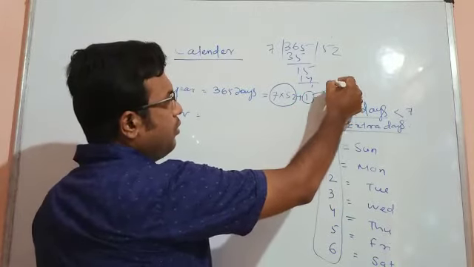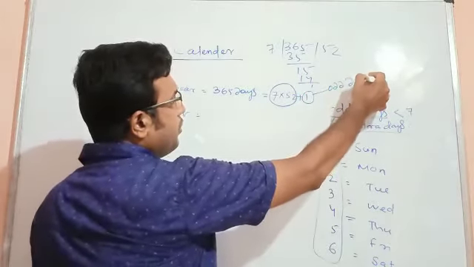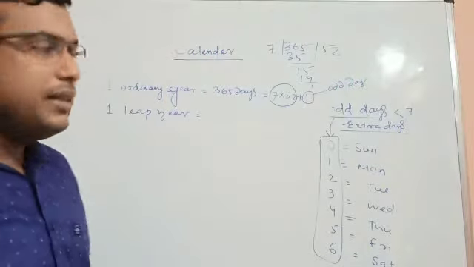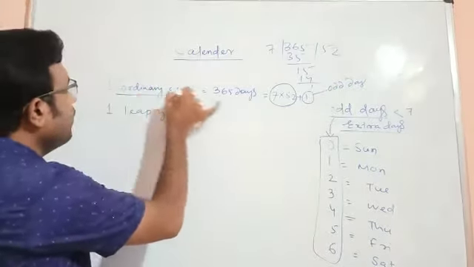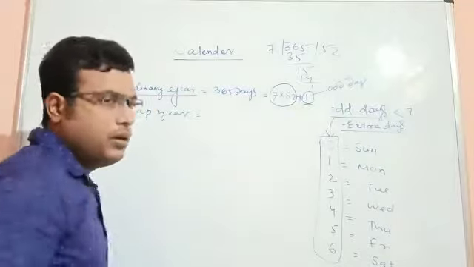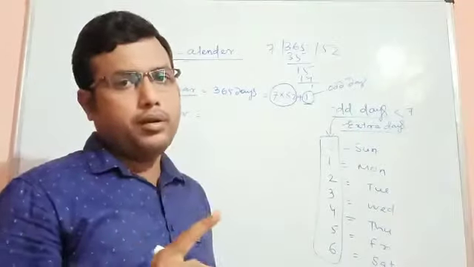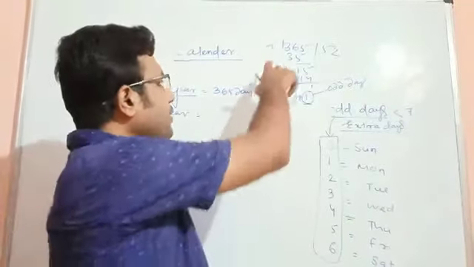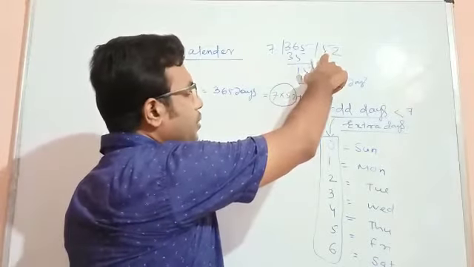So this is called odd day. That means in one ordinary year, how many odd days? 1 odd day, because when you divide it by 7, you find 52.